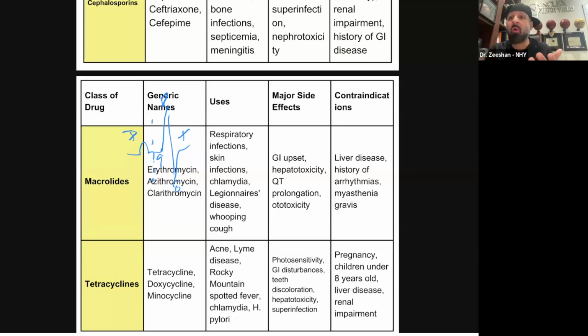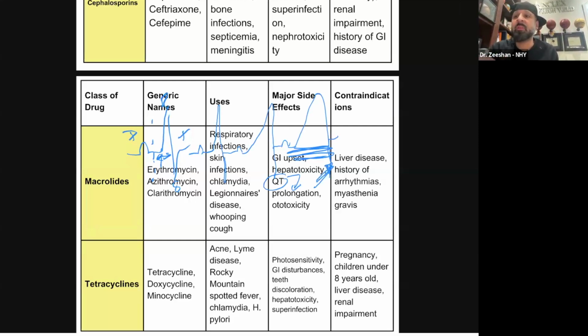So now, if I've got QT prolongation, meaning this is getting longer and longer, what can happen to my ventricle? I can get a dysrhythmia. And that dysrhythmia that we're concerned about is part of ASGRAV, right? It is ventricular fibrillation. In this situation, we're worried about the liver.